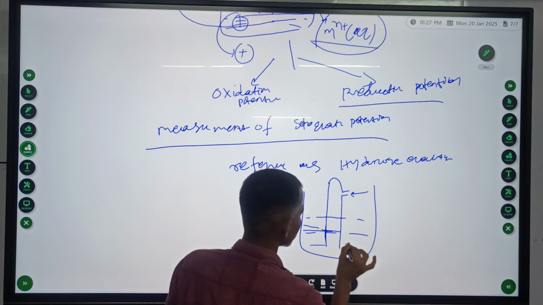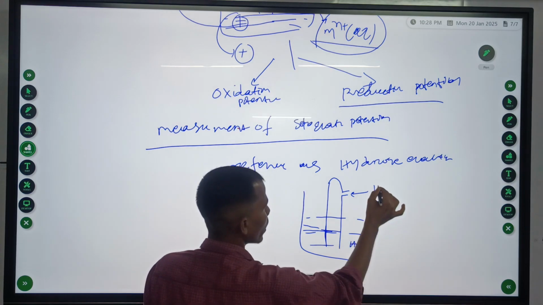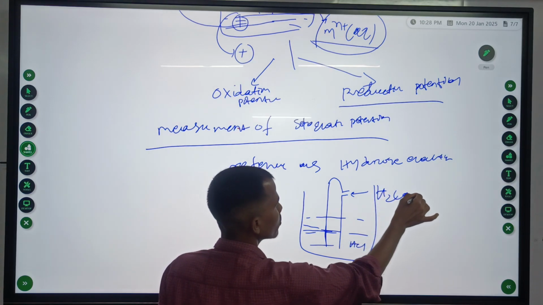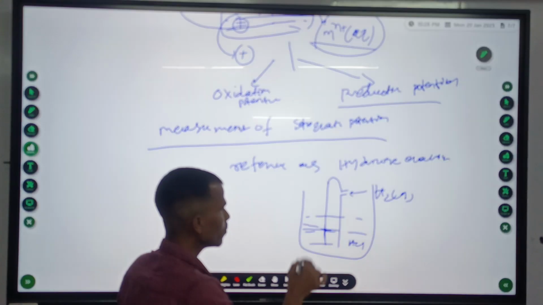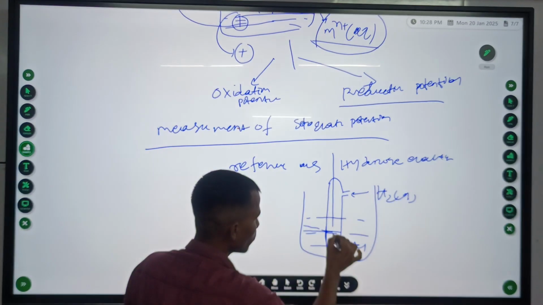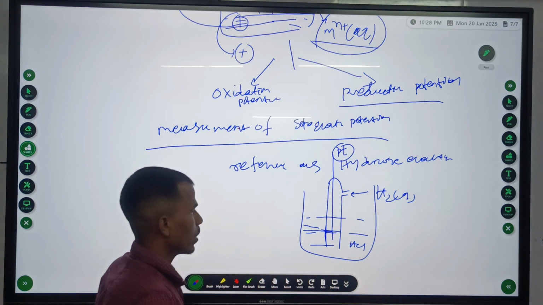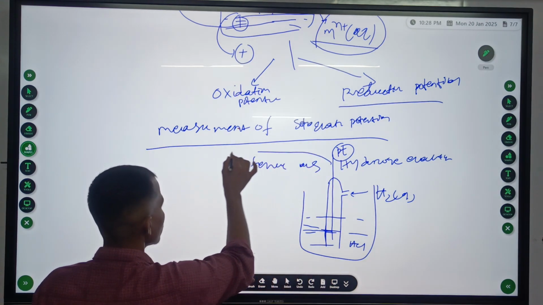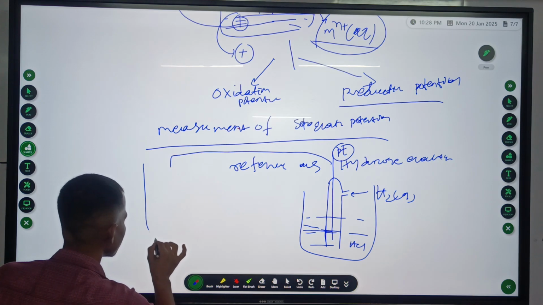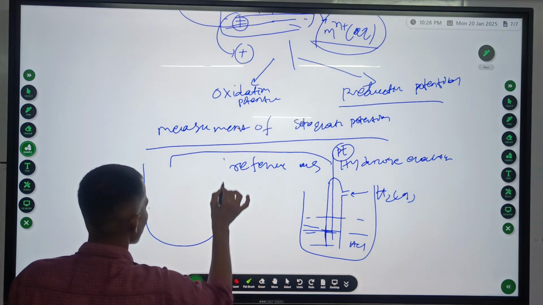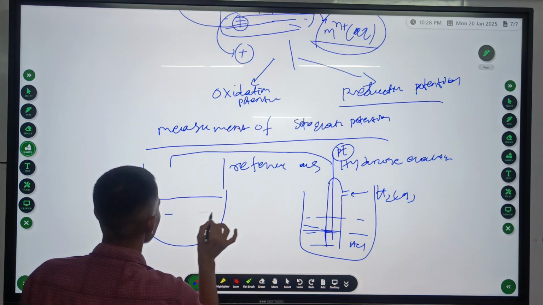This electrode dips in an HCl solution, and continuous hydrogen gas is passed into this tube, and a platinum wire is used. And we connect this cell to another electrode.